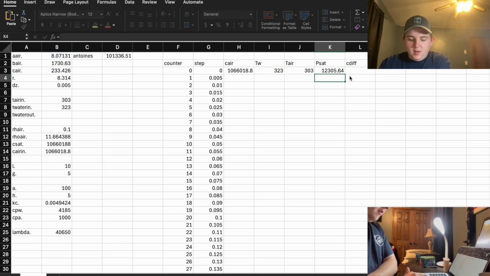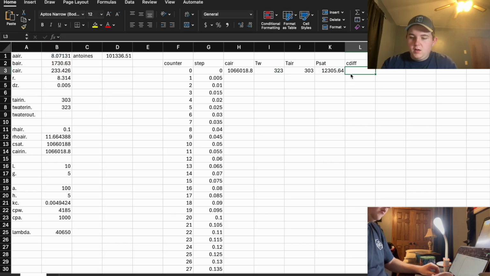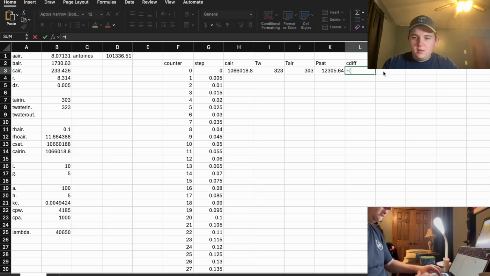Okay, and then finally for our CDiff, we're going to have our PSAT divided by our R dot divided by our TW minus our C air in. I'm not sure if that looks too right.